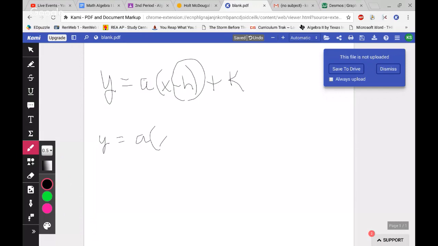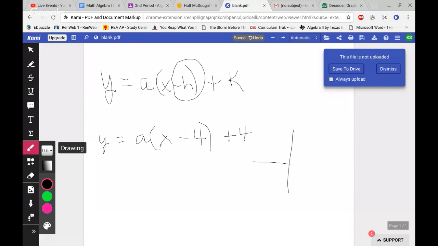Let's just say we put 4 there, plus 4. We'll just make it real easy. And this is a linear graph.